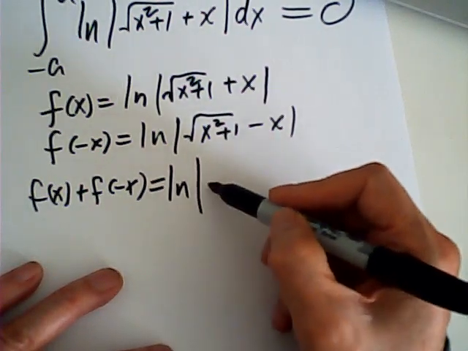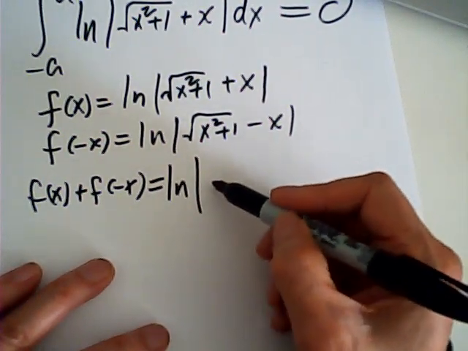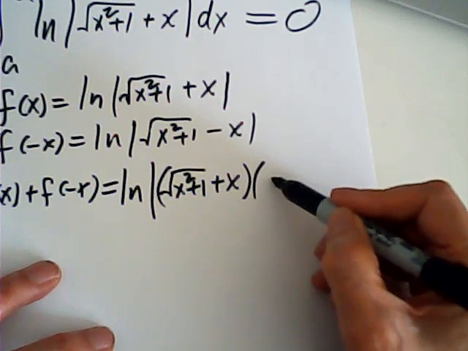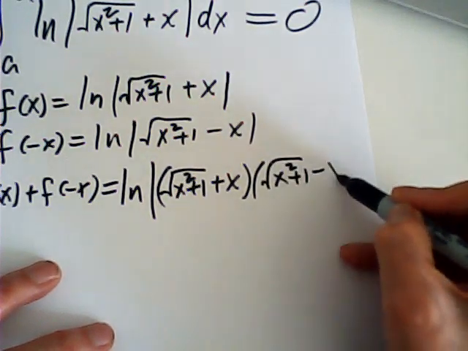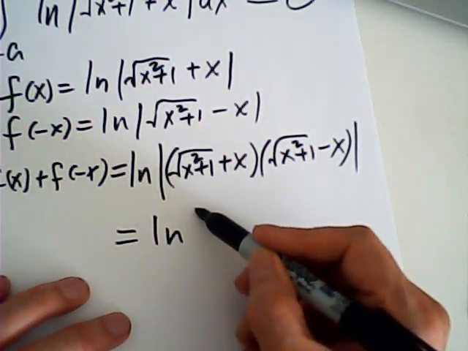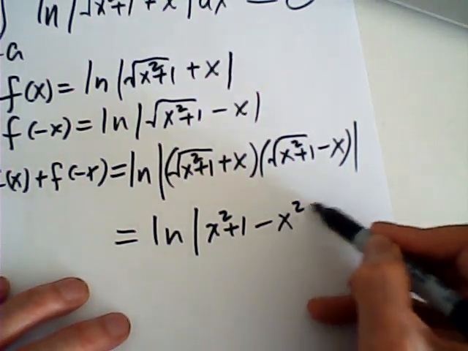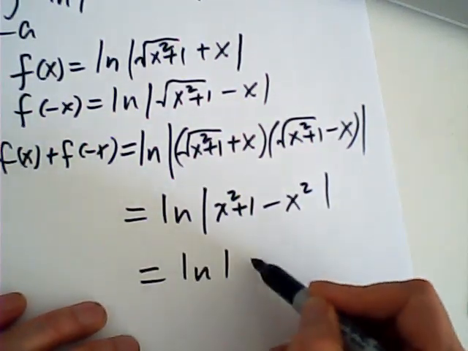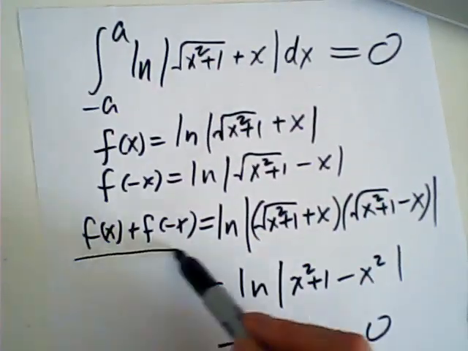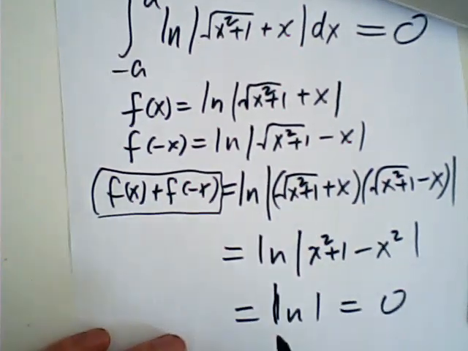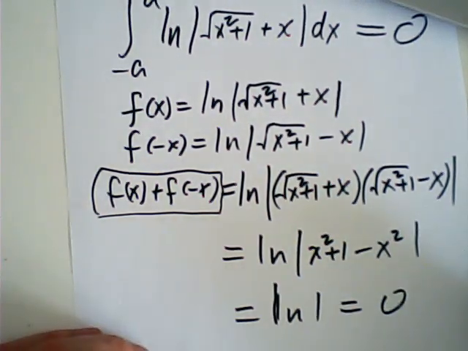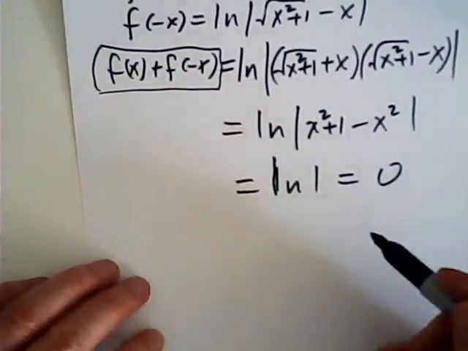This is a log of this plus x multiplied by the square root of x squared plus 1 minus x. So this was the log of x squared plus 1 minus x squared, right? So equal to log 1, equal to 0. Therefore, the function is an odd function, where f of x plus f of negative x equals 0. That's an odd function. Okay, that is very easy to prove.